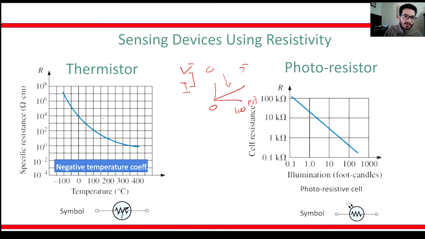This is a type of temperature sensor that varies its resistance given temperature. The symbol for the thermistor is a resistor with a T and an arrow. The specific resistance of a thermistor depends on the material, but this is just one example. It has a negative temperature coefficient. And even though it's nonlinear, you mostly only care about a specific range, say for instance from 0 to 200.